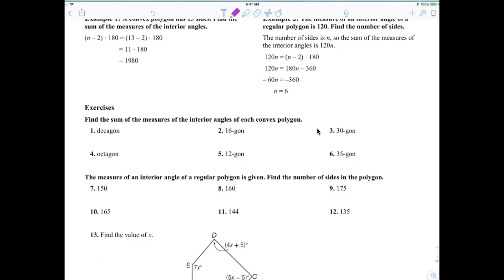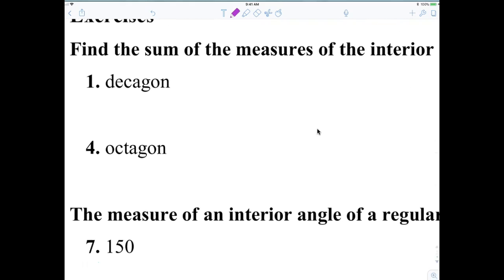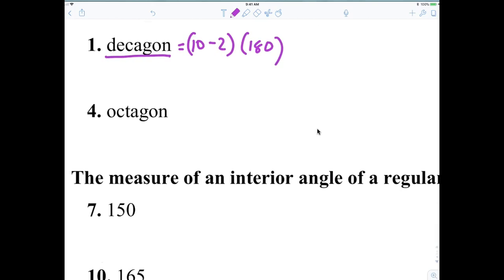We want to find the sum. So now it's just a matter of you recognizing that a decagon is 10 sides. So then it was simply 10 minus 2 times 180. An octagon has how many sides? 8. So it's 8 minus 2 times 180.